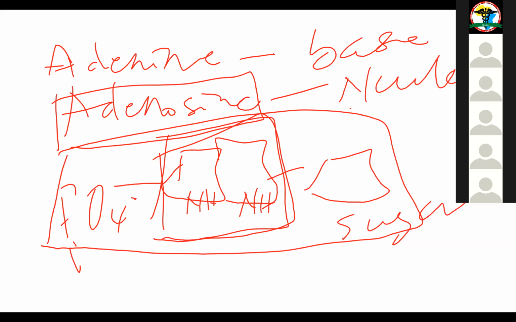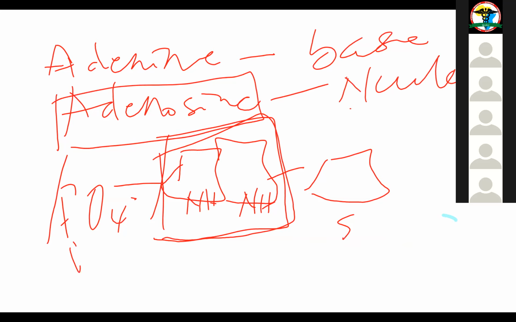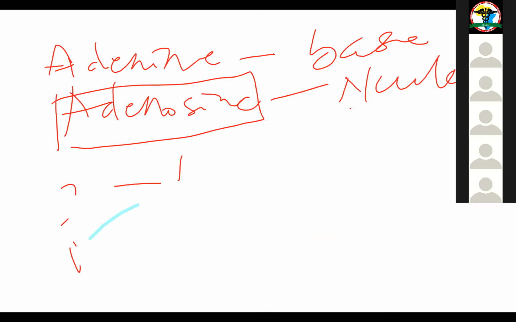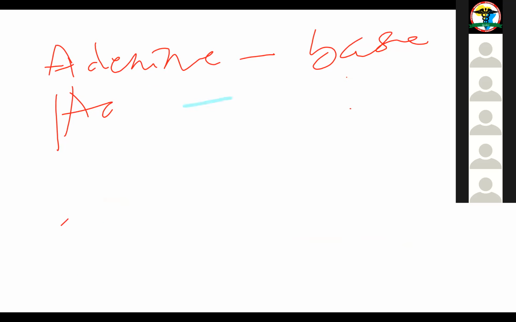The nucleotide is what is found in DNA, not the base. The base is part of the nucleotide. When the base is joined by sugar and phosphate, it's called a nucleotide. Do you guys understand? It's the same for every other one of them.